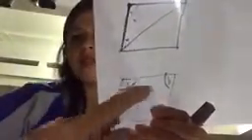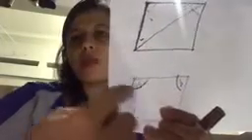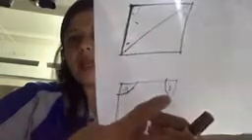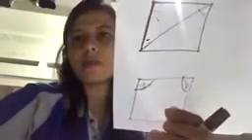So we can say that, for example, if we have two angles like this, yeah, this one is angle A, this one is angle B. If we have two angles like this, it means angle A plus angle B equals what?